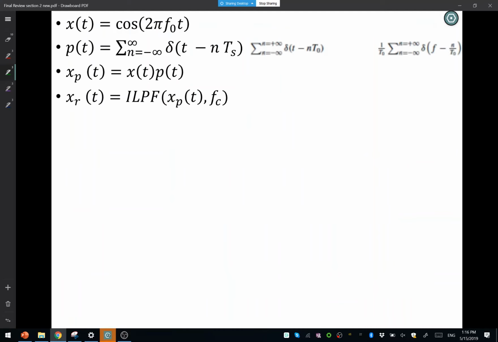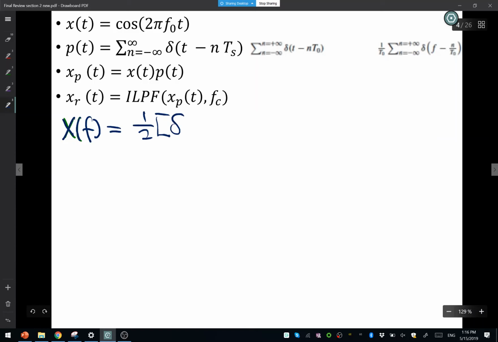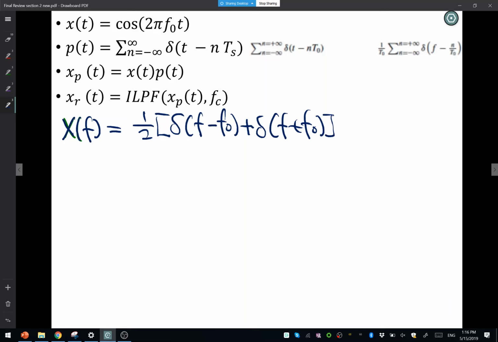So X(f) is half of delta(f minus f0) plus delta(f plus f0). In the frequency domain, it is just two symmetric spikes, if this is 0 frequency and this is f.